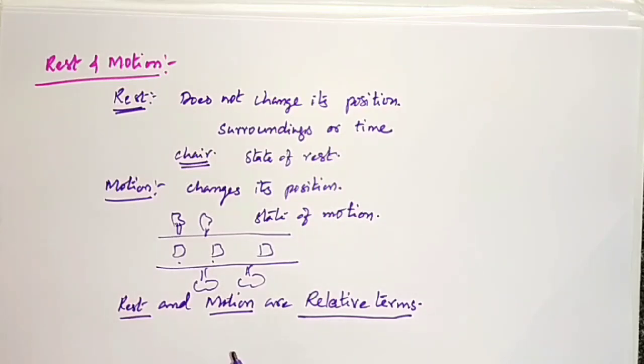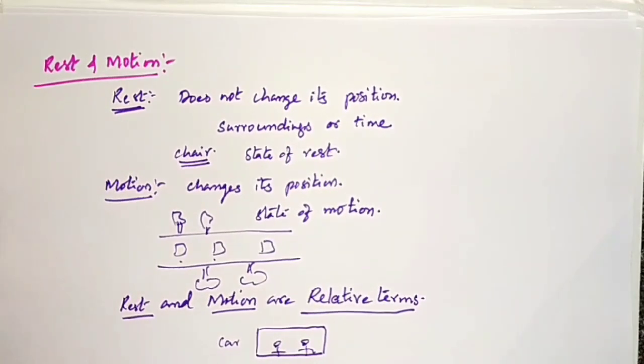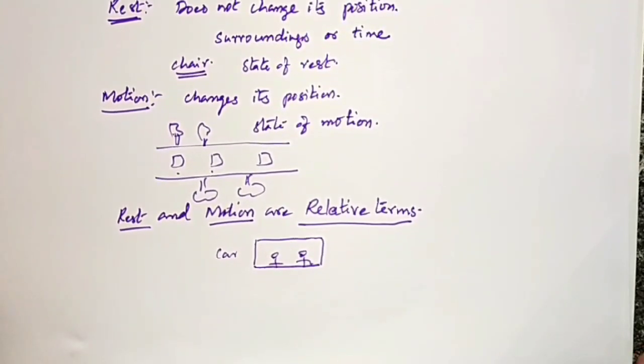See, you are observing that a car is moving. There is a car, and in the car two persons are sitting, and the car is moving.